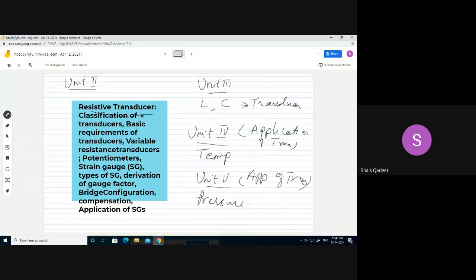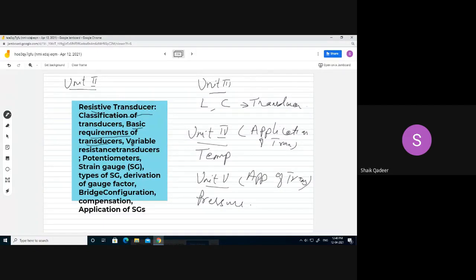In this case, we first try to see the classification of the transducer itself. I will show you how to do that classification; this is not the appropriate time to discuss it. After that, we will see the basic requirement to make a transducer as the second thing. Then we will cover actual resistive transducer examples.